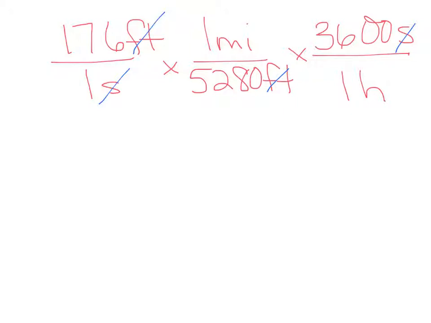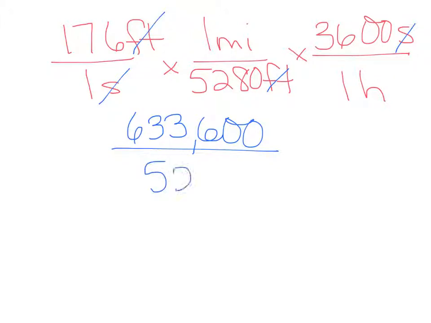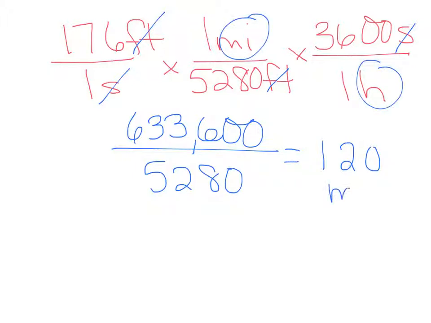So I have 176 times 3,600, and I get 633,600, and I divide that by 5,280. So I will get 120, and then I use both of my units, miles per hour.